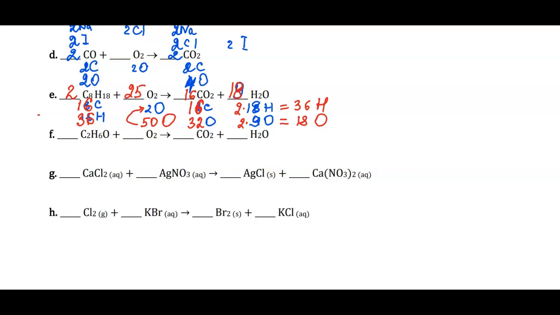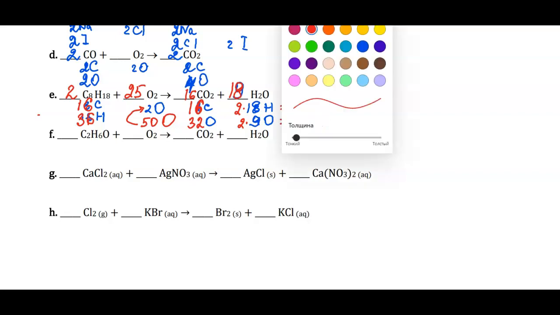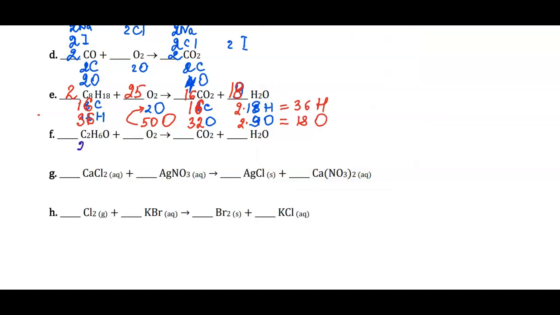The next one, C2H6O plus O2. So 2 carbons, 6 hydrogens, 1 oxygen here, right? 2 oxygen here, and 1 carbon, 2 oxygen, and 2 hydrogen, and 1 oxygen here.